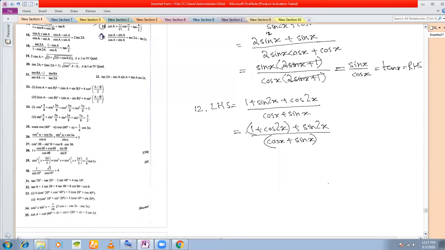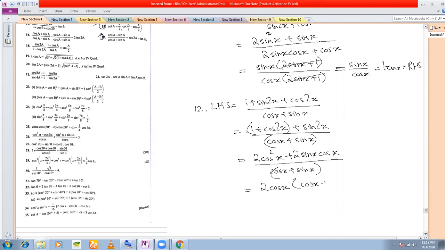Okay. So 1 plus cos 2x you can write as 2 cos square x, plus sin 2x you can write as 2 sin x cos x, divided by cos x plus sin x. Now from the numerator you can take 2 cos x common.